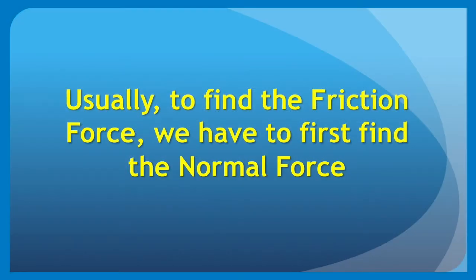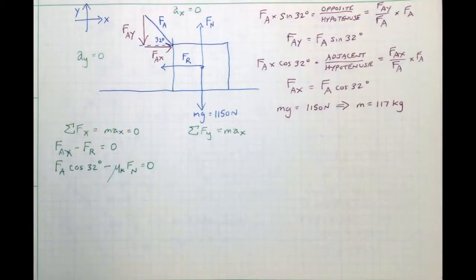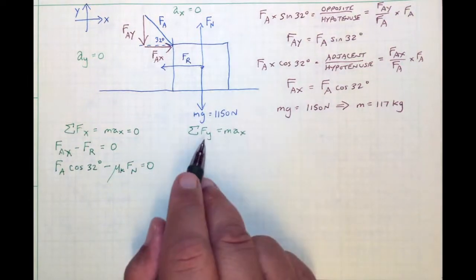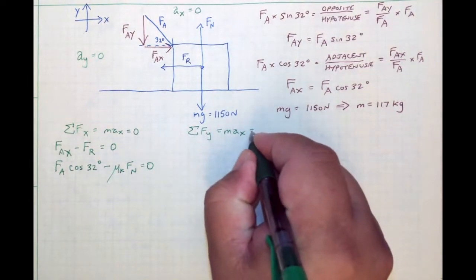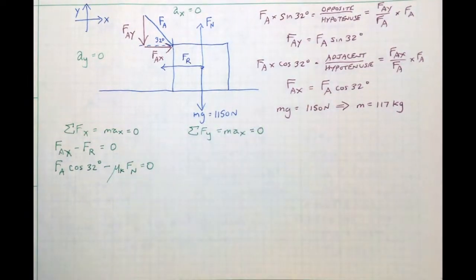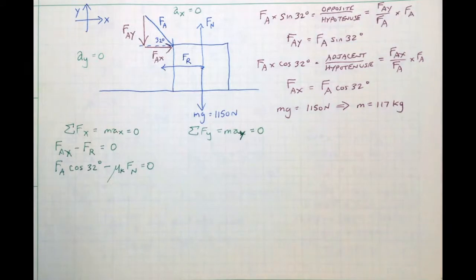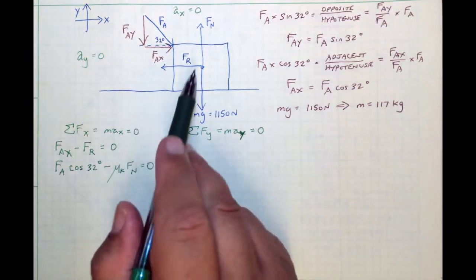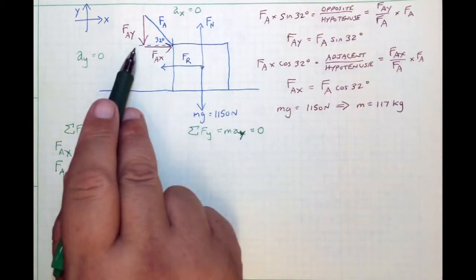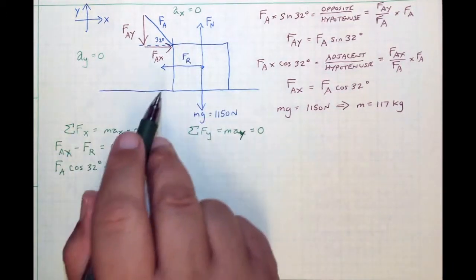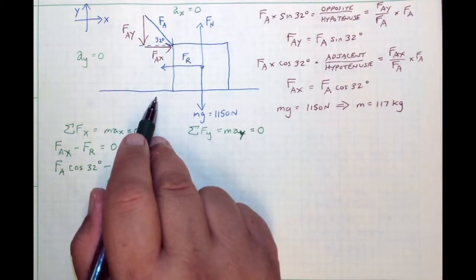Once again, we're in a situation where if we want to figure out the friction force, we must first figure out the normal force. And we do that the same way we have been doing it, by turning to the y forces, realizing that the y forces are in equilibrium. The acceleration in the y direction is going to be 0. So the y forces balance. There are 3 of these forces. But notice the difference from our previous examples.